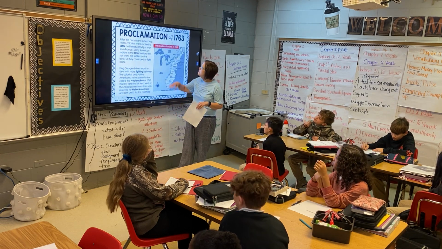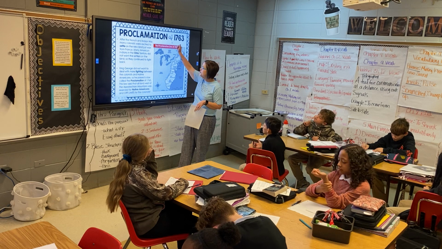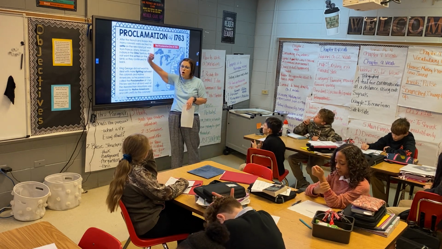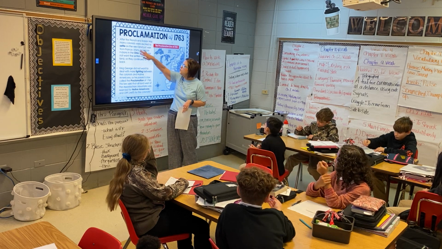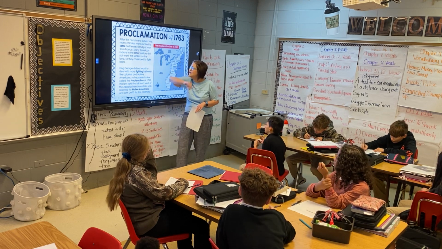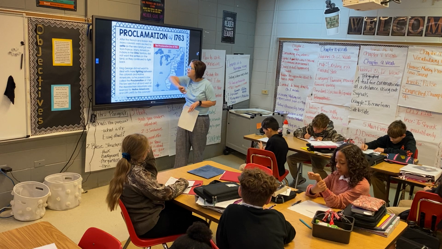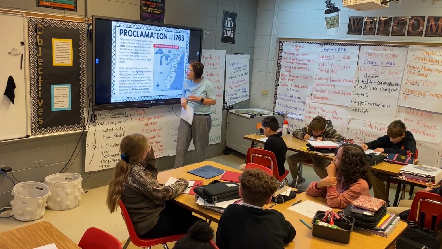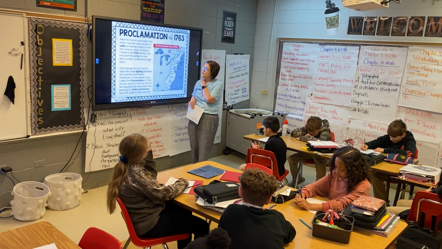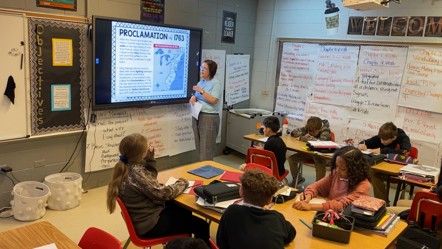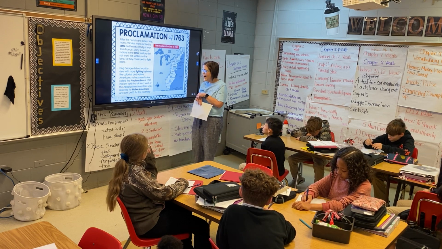All right, so Proclamation of 1763. This would be something that we put on our timeline, guys. After the French and Indian War, many colonists were excited to settle on the new land just won from France. Many American Indians in the Ohio Territory did not want the settlers on the land, so they continued to fight back.